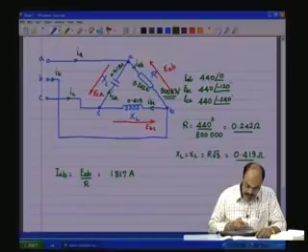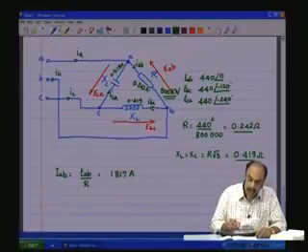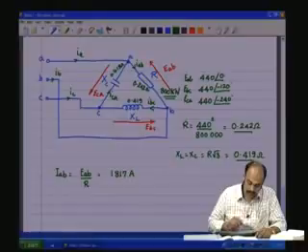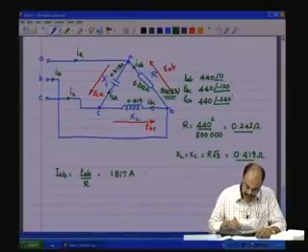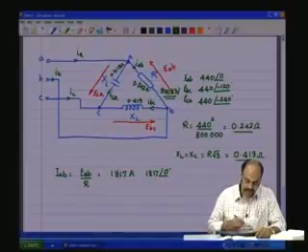So, this is 440 volts at an angle of 0 divided by R, which is 0.242, will give you so much amps, that is 1817 at an angle of 0 degrees amps.